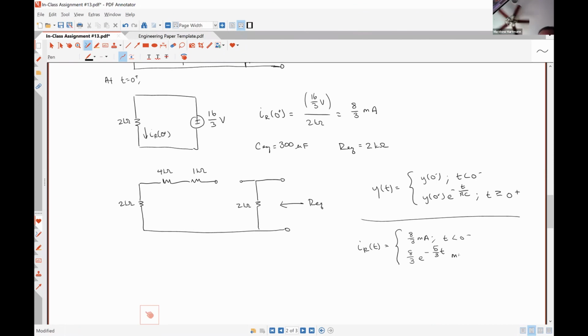This is milliamps for t greater than or equal to 0 plus. I just want to be clear here that this is 1 divided by REQ times C, for anybody that maybe spaced out for a moment there.